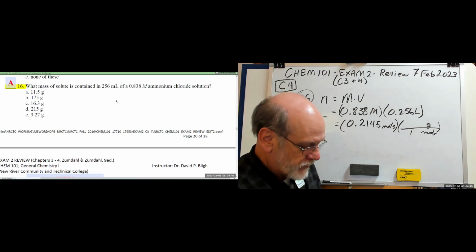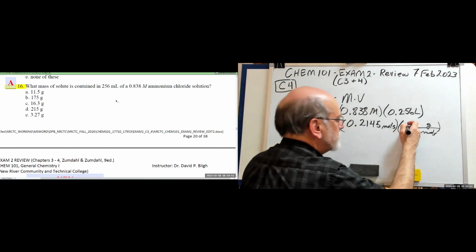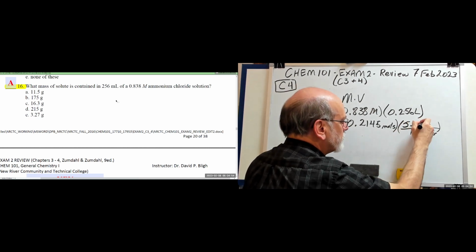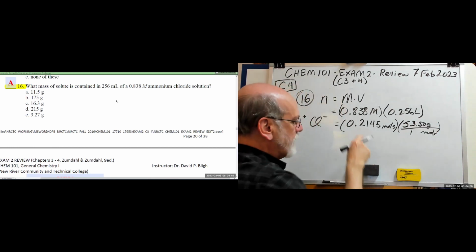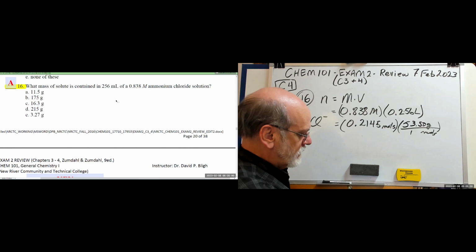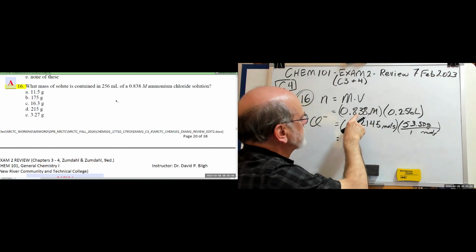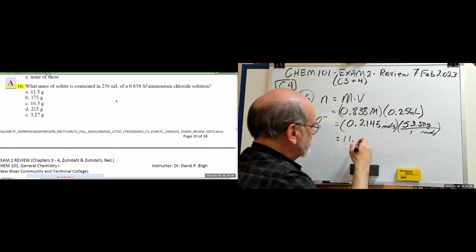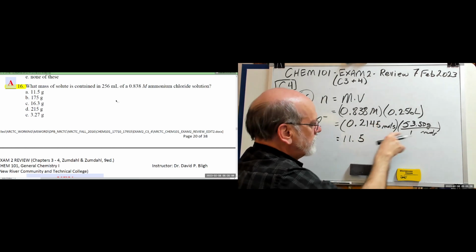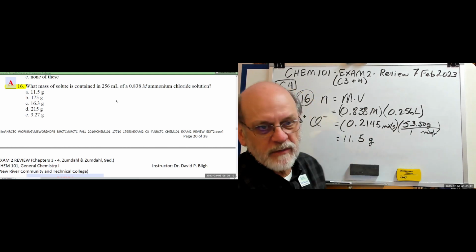And chlorine is 35.45. So we have 53.50. 53.50 times 0.2145, and that's 11.5, 3 significant figures, grams of ammonium chloride.